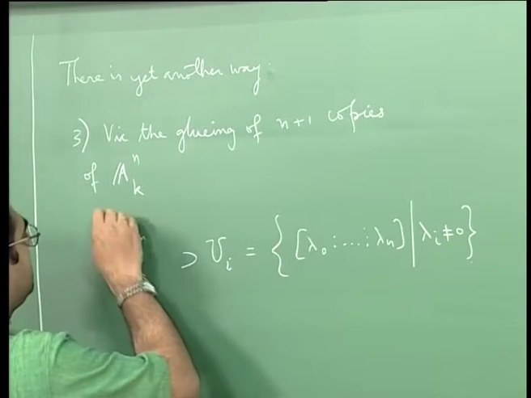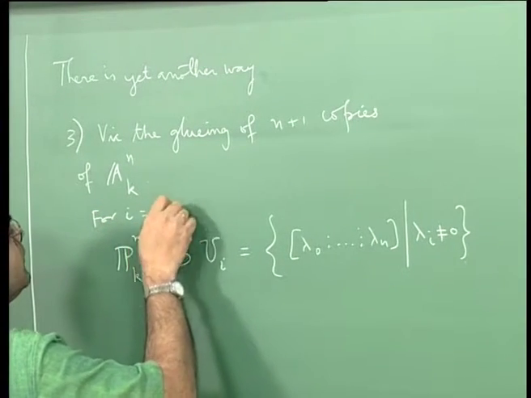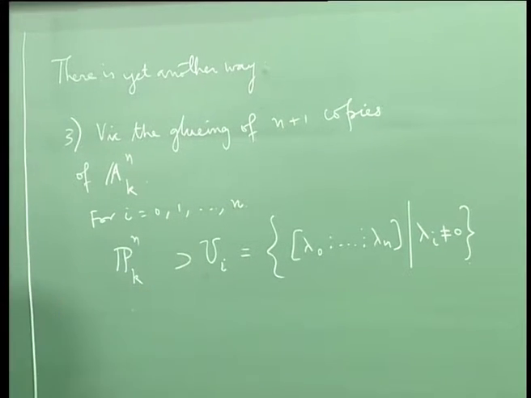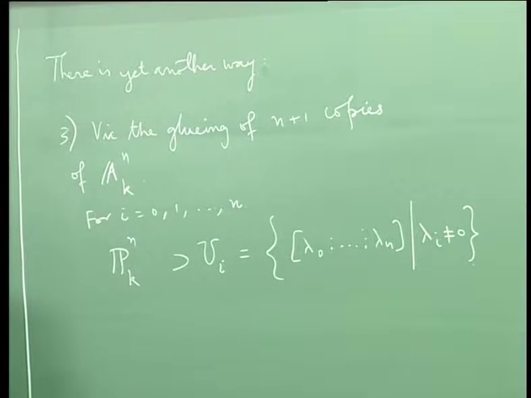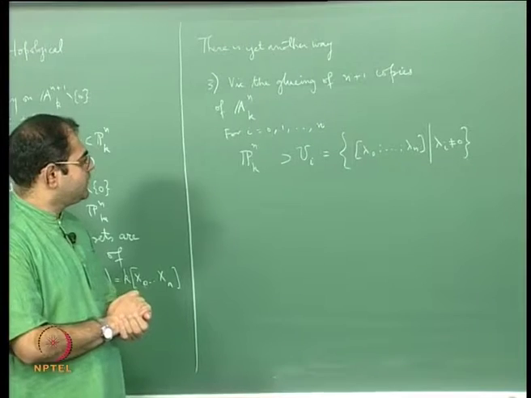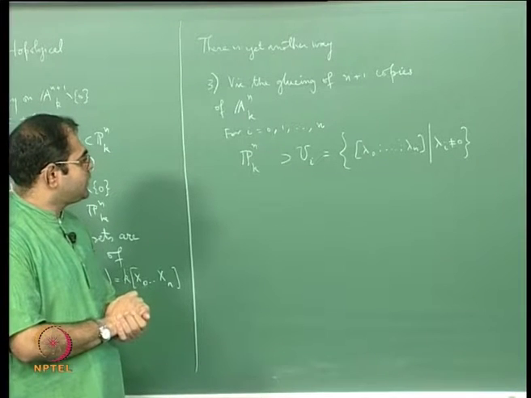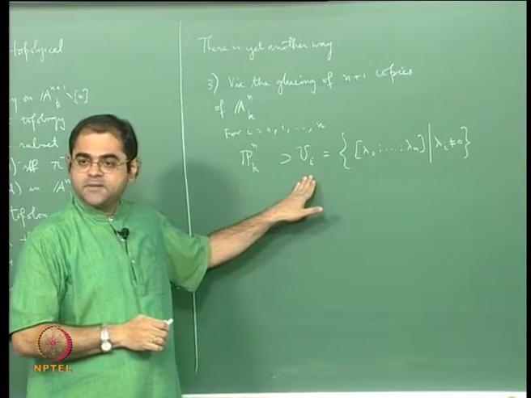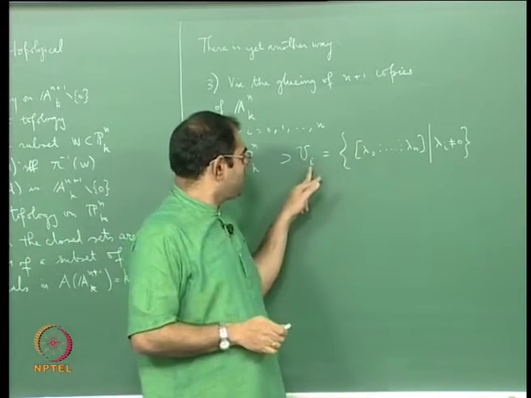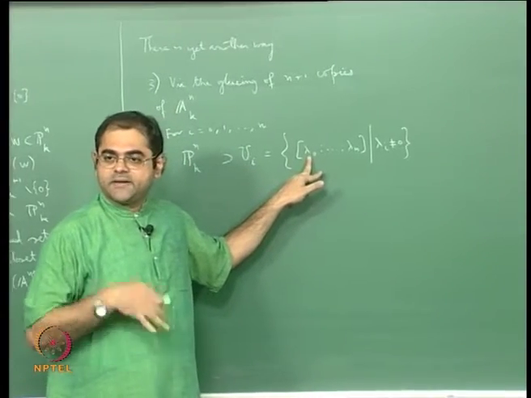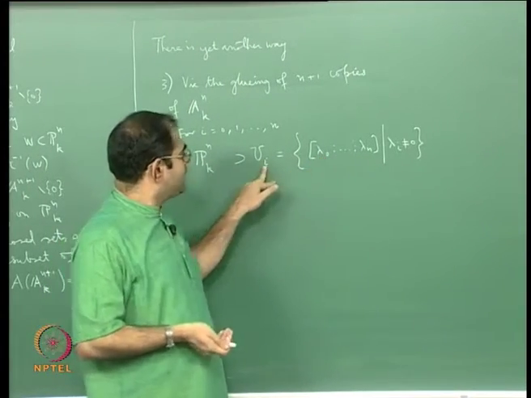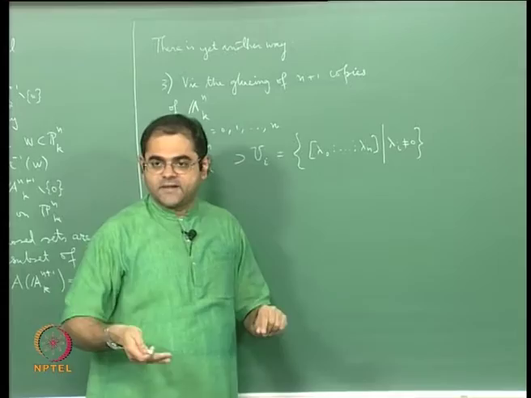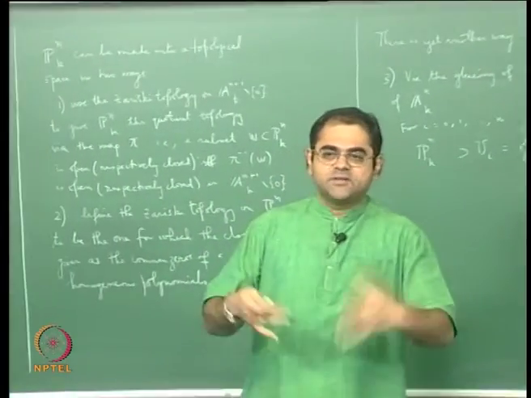You define Ui like this, for i equal to 0, 1, etc. up to n. You define these sets, and you must guess that these sets are going to be open sets. For example, U0 is the first homogeneous coordinate not vanishing, U1 is the second homogeneous coordinate not vanishing, Ui is the ith homogeneous coordinate not vanishing, and whenever a coordinate does not vanish, that should be an open set.